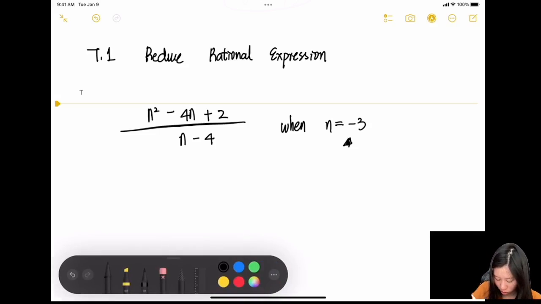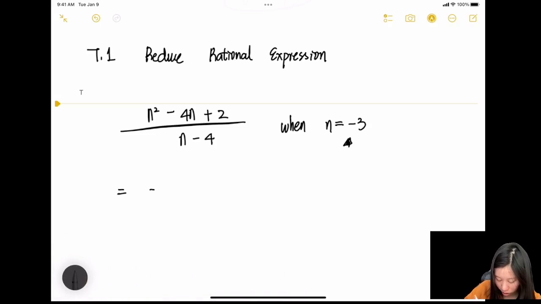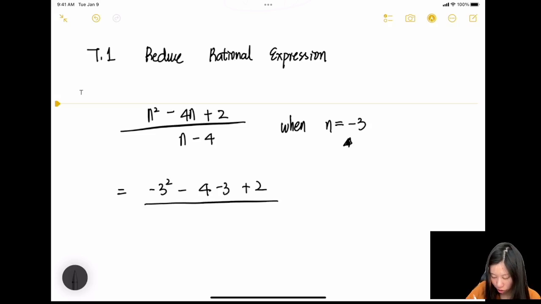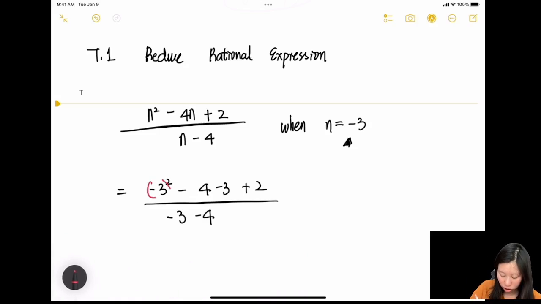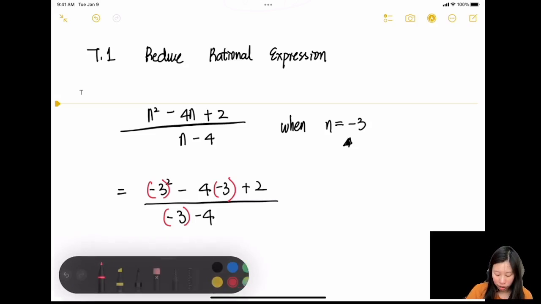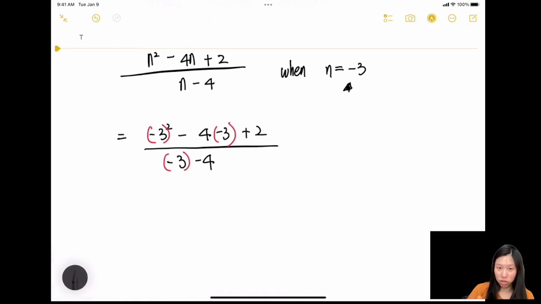So I have negative 3 squared minus 4 times negative 3 plus 2 over negative 3 minus 4. I'm using different colored pens so you know that you always put the parentheses, because when you calculate, you will notice the parentheses change the answers. I saw that a lot during the quizzes.